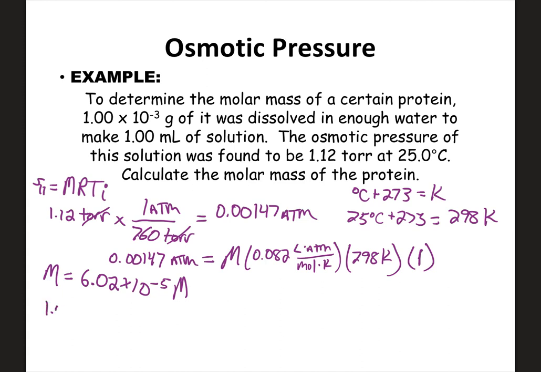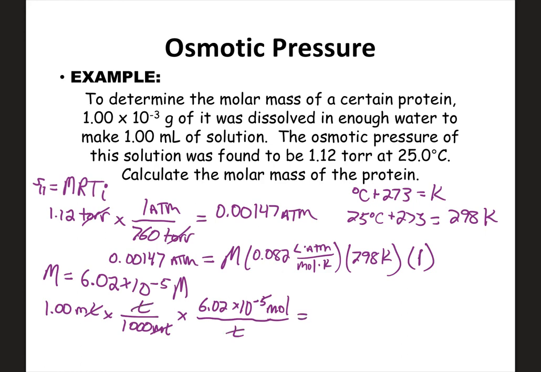So I have 1.00 milliliters of the solution times, for every 1,000 milliliters of solution, there's a liter. And then this is where you get to use your molarity. Remember, molarity is moles over liters. So we know from what we just found, there's 6.02 times 10 to the minus 5th moles for every liter. Your liters cancel, and now you're in moles.